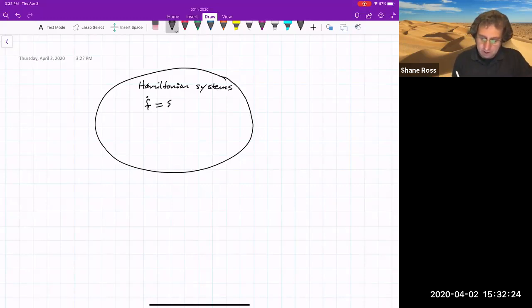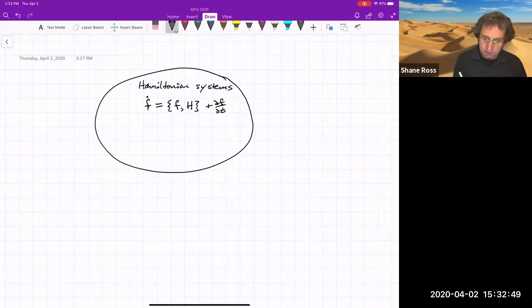If you can write it as the Poisson bracket of that scalar function f with the scalar function h, the Hamiltonian for the system, with an appropriately defined Poisson bracket that satisfies all of those properties, then you've got a Hamiltonian system. So anything that you can write that way.